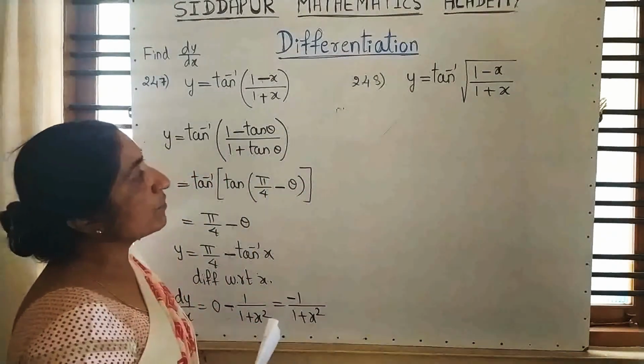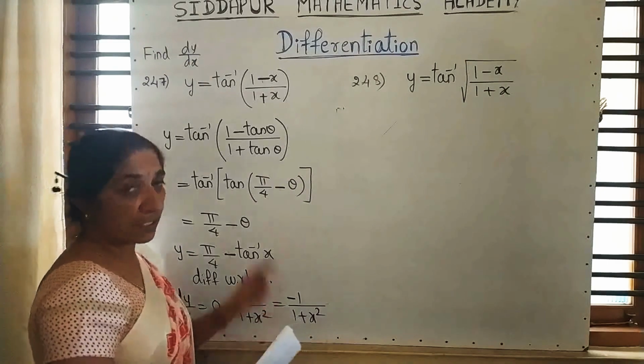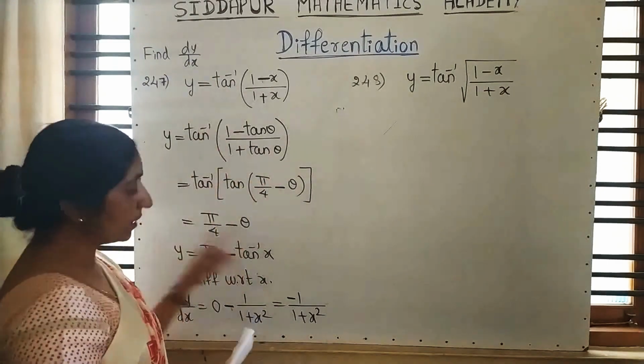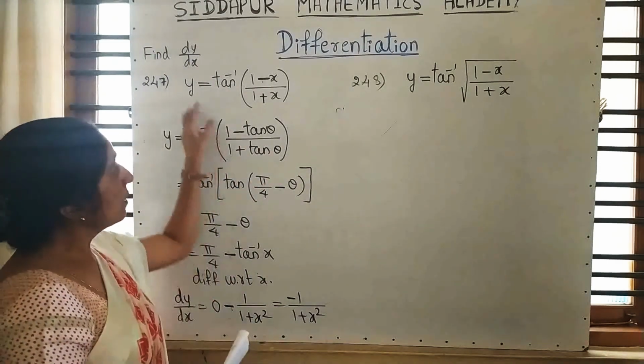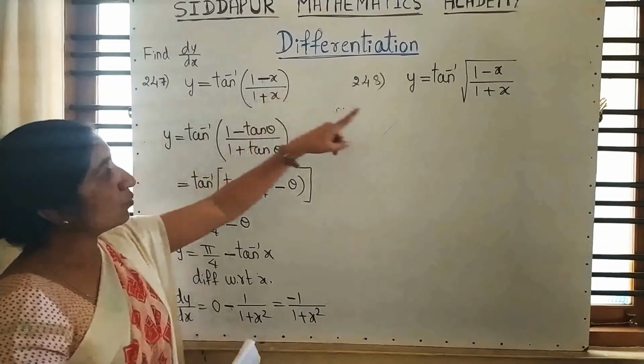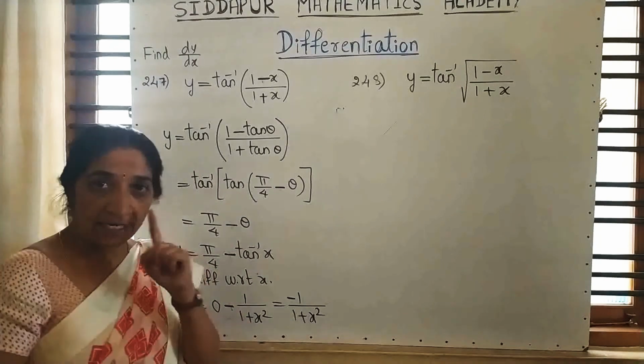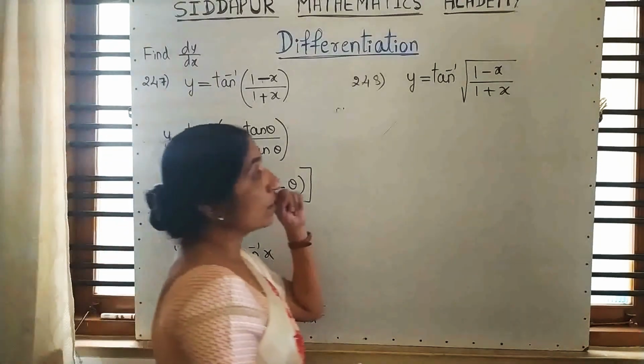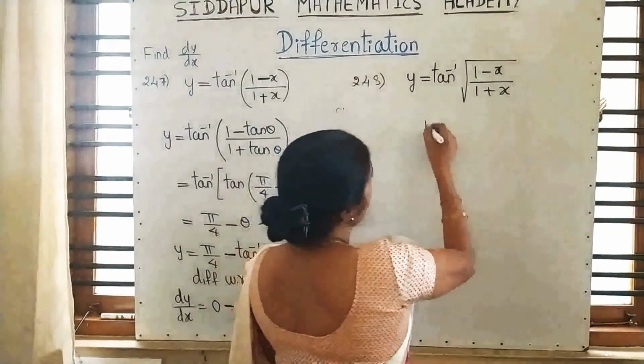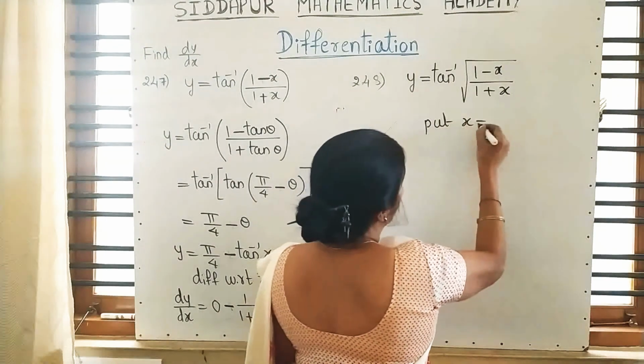See the difference between the previous example and this example. I kept the previous example on the board as it is. The same thing. This is without root. That one is with root. If it is without root, the substitution will be x is equal to tan theta. If it is with root, x is equal to cos theta.